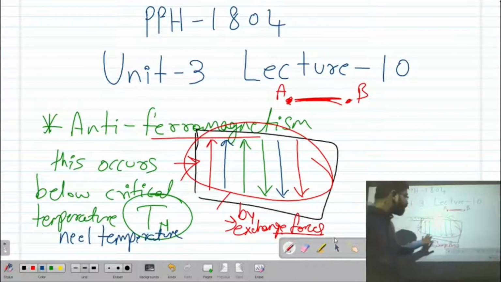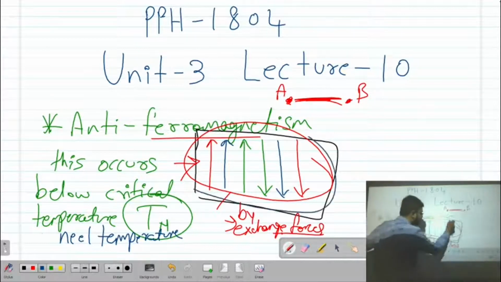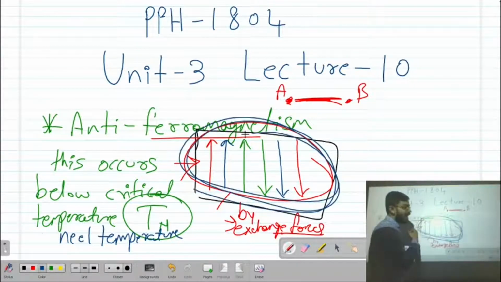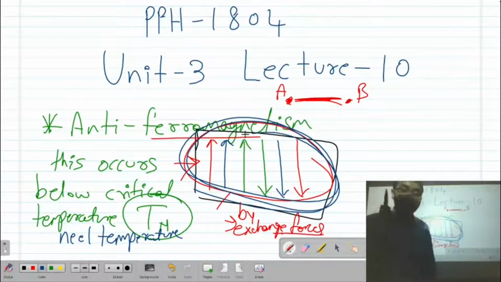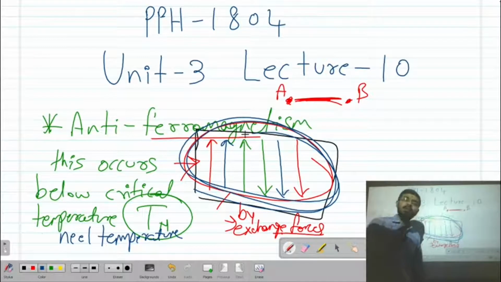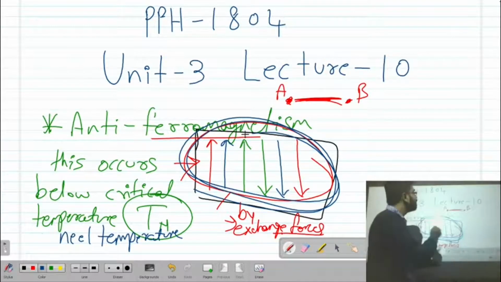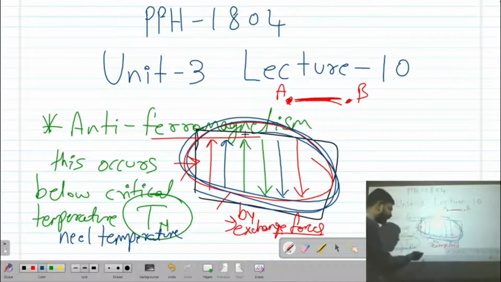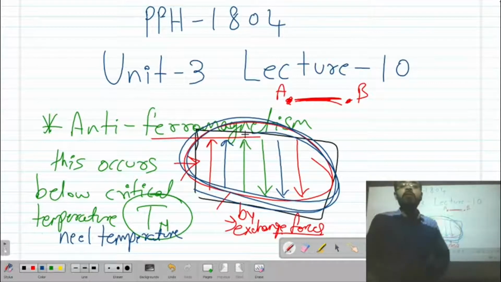This kind of arrangement occurs only below a certain temperature. If you increase the temperature, then this kind of arrangement will not be there.